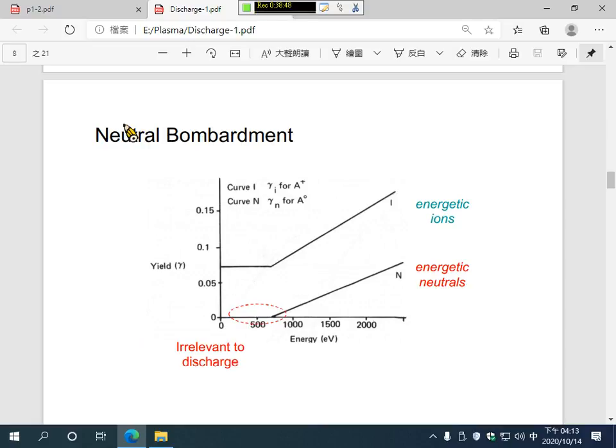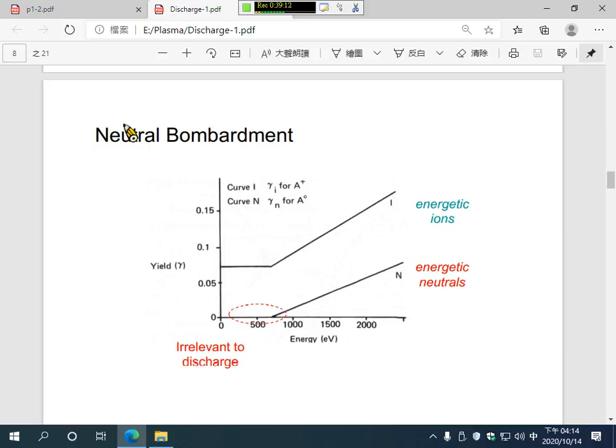Okay, and this slide shows the secondary electron emission by neutral particle bombardment. So there are electrons, ions, and neutral particles inside the plasma.